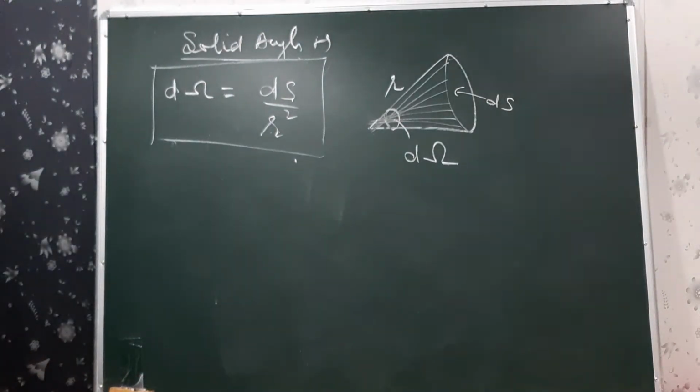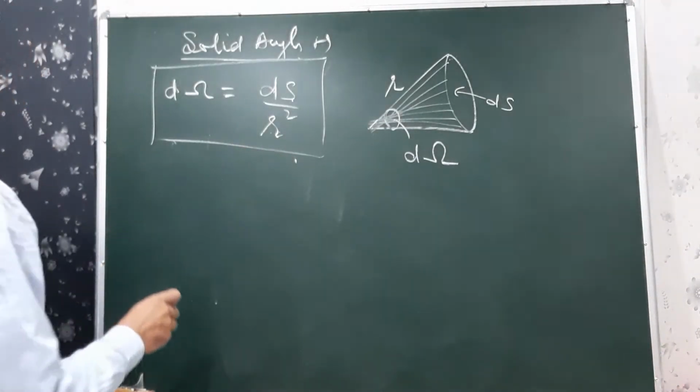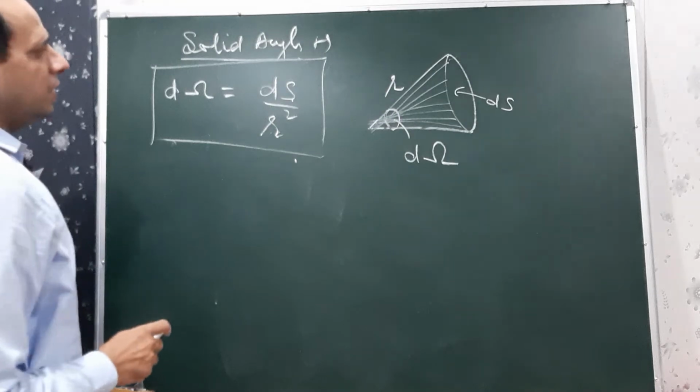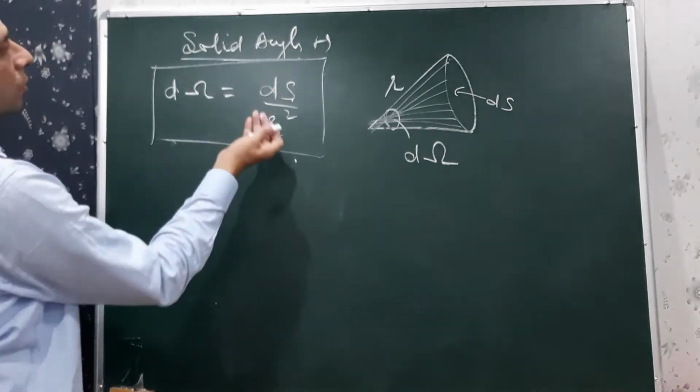Now, we will find this angle as a whole, the total solid angle. So, for the total solid angle, we will integrate this formula on both sides.